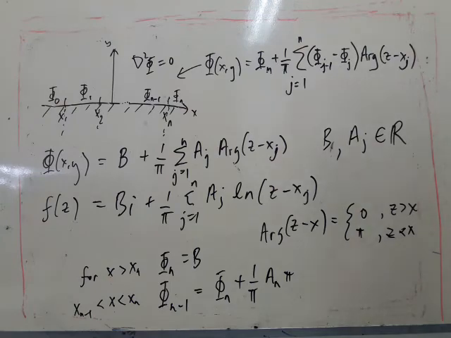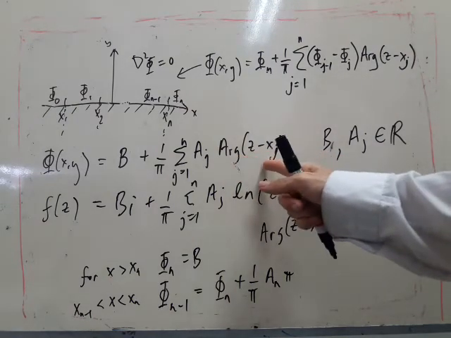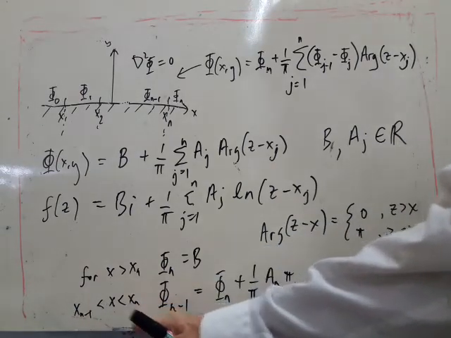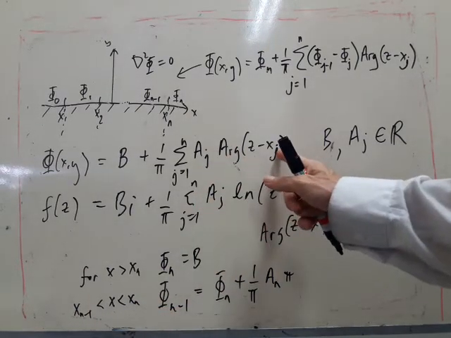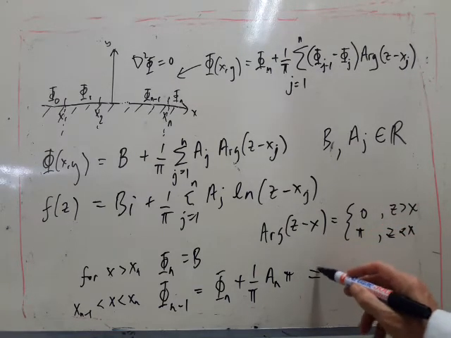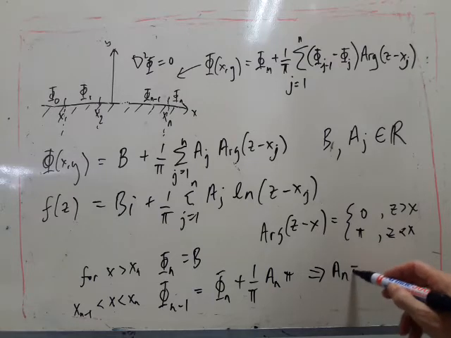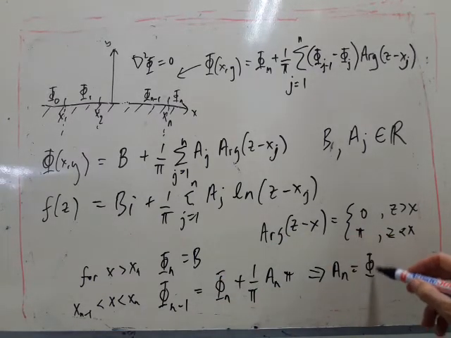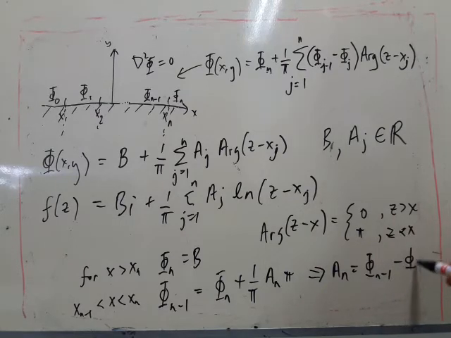This will give us the pi because we're between xn minus 1 and xn when j is equal to n. And there we have it. So that gives us that a n is equal to phi n minus 1 minus phi n. And then we carry on like this.